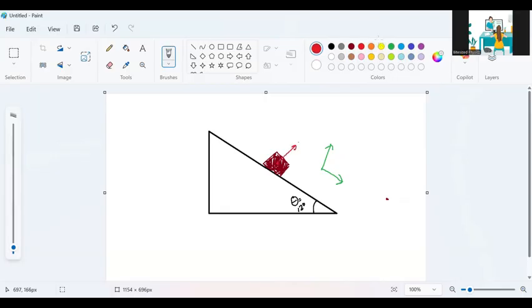The normal is off the Y. So we're going to mark this part Y, so it can be along the normal. And allow me to draw a little bit better. You want to draw the Y component along the same line as the normal, and then the X will be the other component.